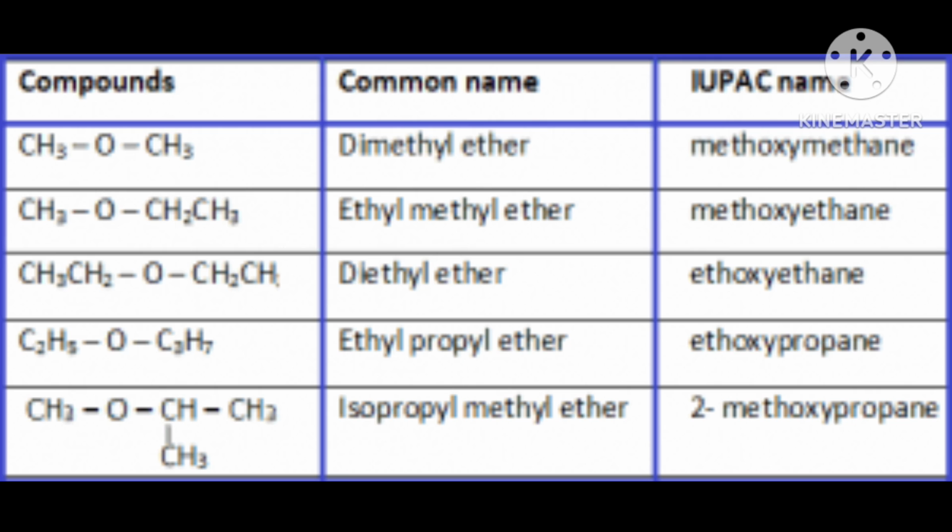Here it will be ethoxy, because OC2H5 is attached with ethyl. Hence its name will be ethoxy and ethane, because C2H5 is there. Then ethoxyethane.